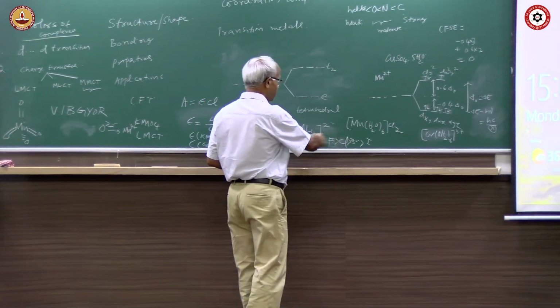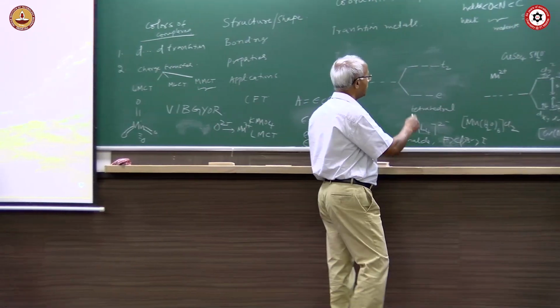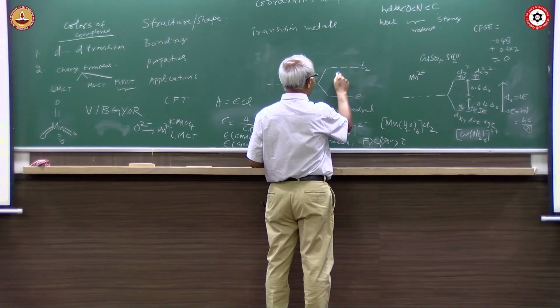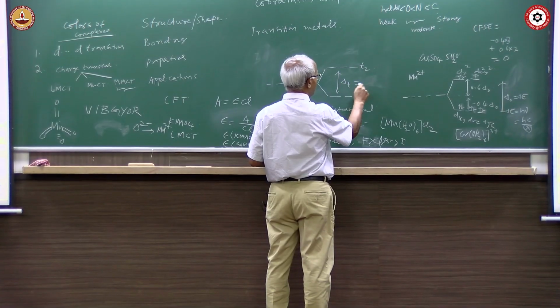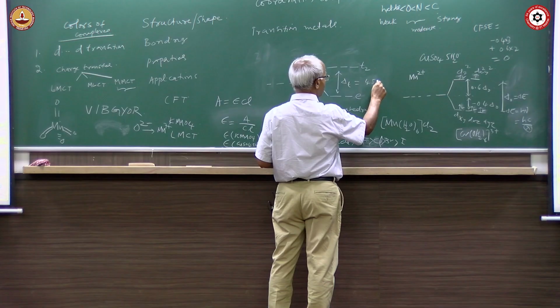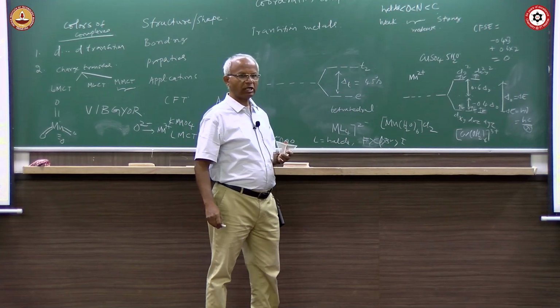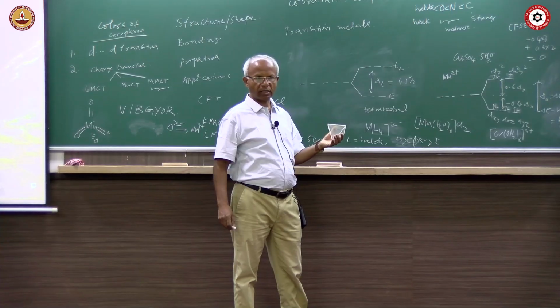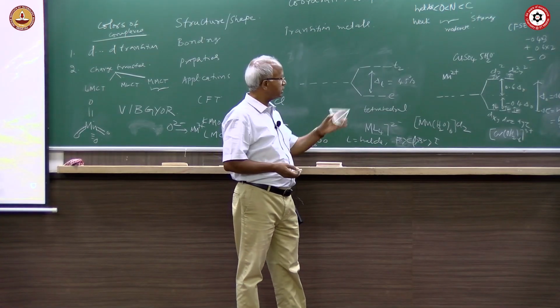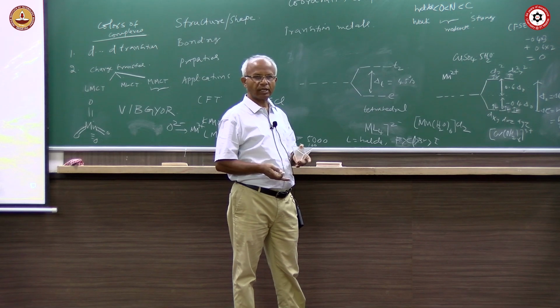So since these ligands are all weak field ligands, the energy separation between these, delta T, will be almost 45% less than the octahedral, because the energy separation between the upper level and the lower level is small, because they are weak field ligands.